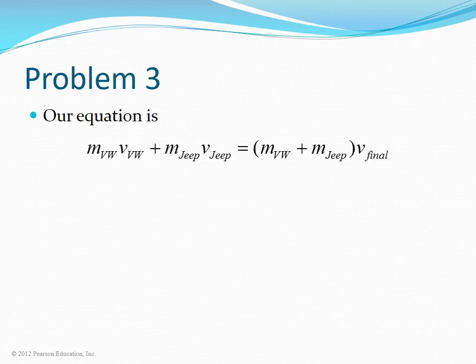Our equation is mass of the VW times the velocity of the VW plus the mass of the Jeep times the velocity of the Jeep equals the mass of the Jeep and the VW combined times their combined final velocity. We will assign east positive and west negative.